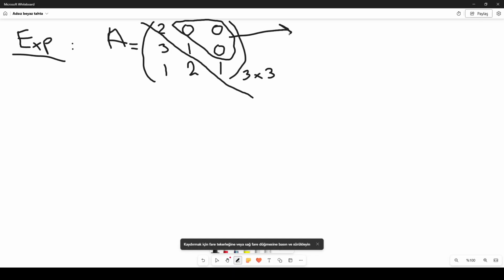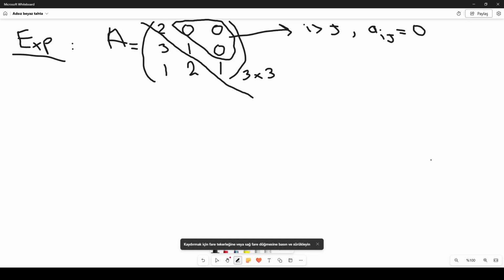Why? Because for all i strictly greater than j, we have all the components of the matrix equal to 0. Okay, but one certain question probably comes to your mind.